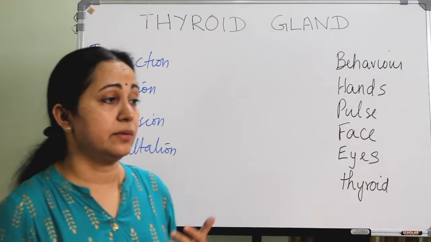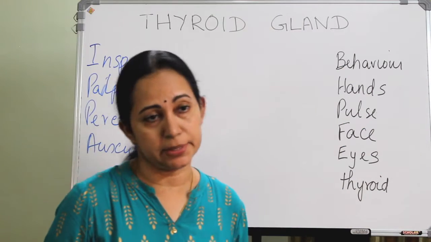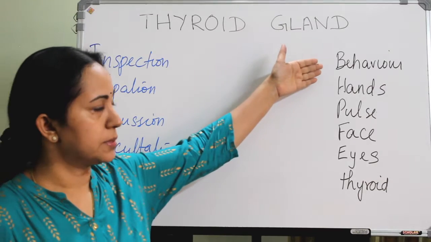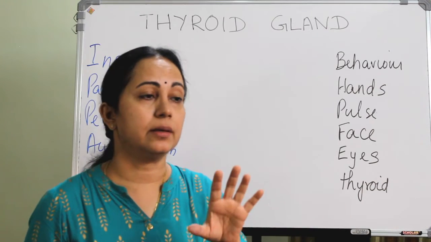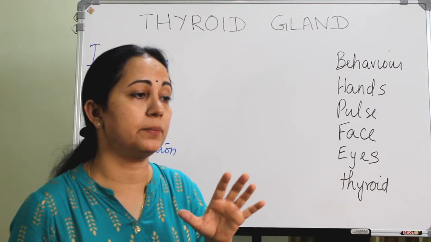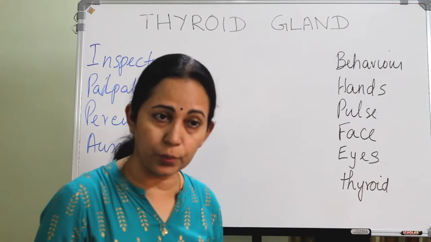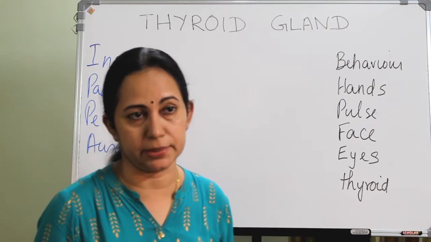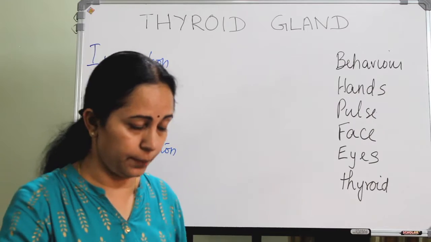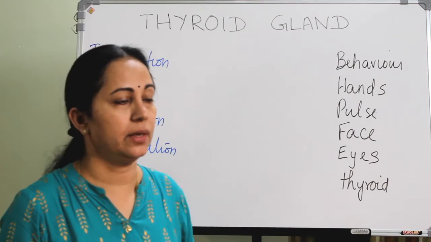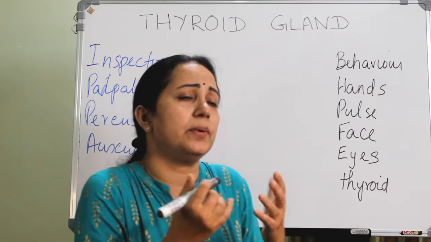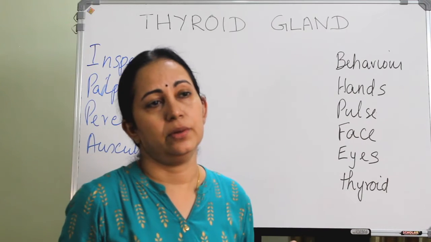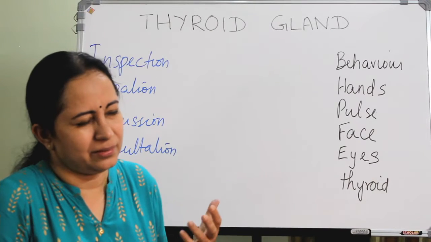Now, in inspection, what are the things to be inspected? One is the behavior of the patient. The thyroid gland may be either hypoactive or hyperactive, isn't it? Normal, hypoactive or hyperactive. If it is hypoactive, what will happen? The patient also will be very hypoactive, very calm.